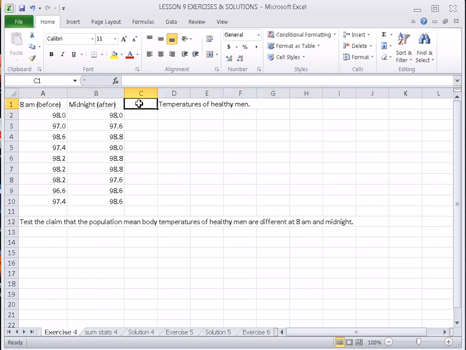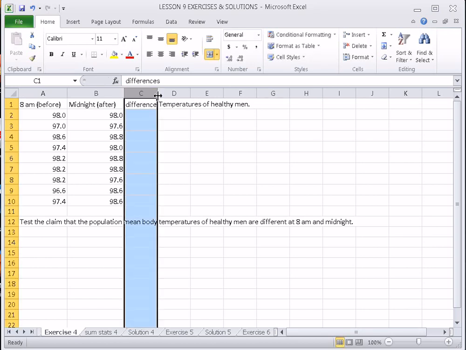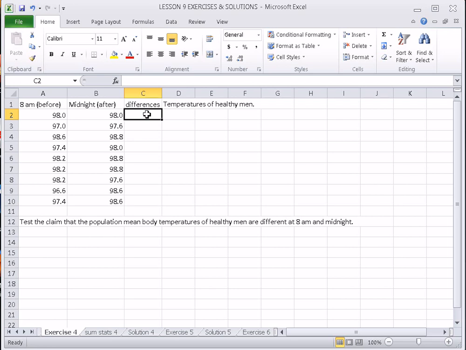So remember, even though you have what appears to be 2 different samples, they are dependent samples, so we can convert them into a single set of data by finding the differences between the 2. So the differences of the 8 a.m. minus the midnight.